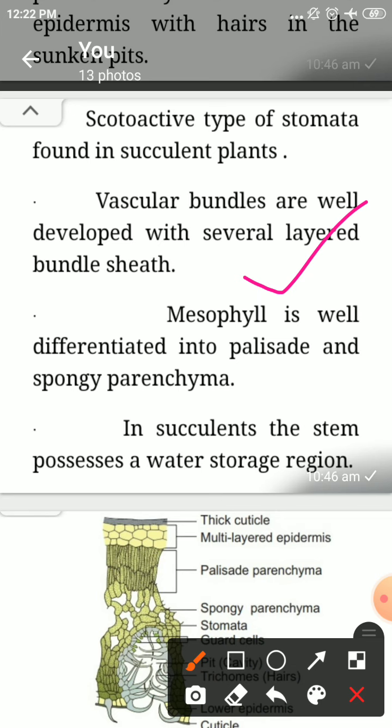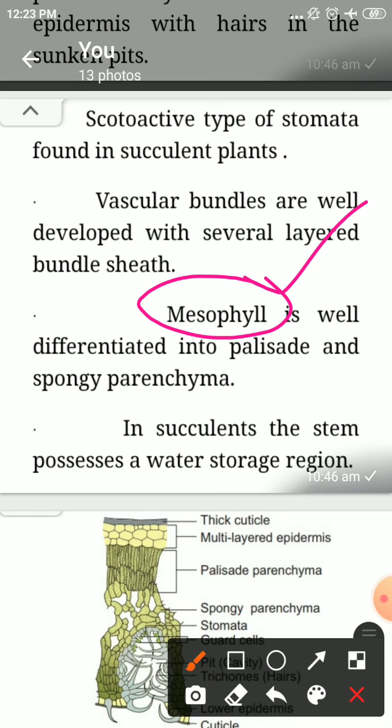Same is the case with Capparis. The leaves are absent, and the stem does the photosynthesis. The stem contains mesophyll tissue internally, which is the photosynthetic tissue. This is an anatomical adaptation in xerophytes: to cope with the absence of leaves, photosynthesis is performed by the stem itself due to the presence of mesophyll internally in the stem.